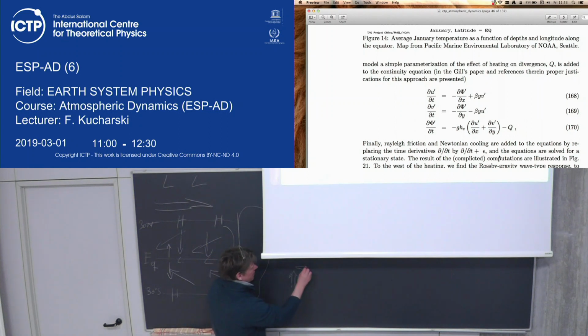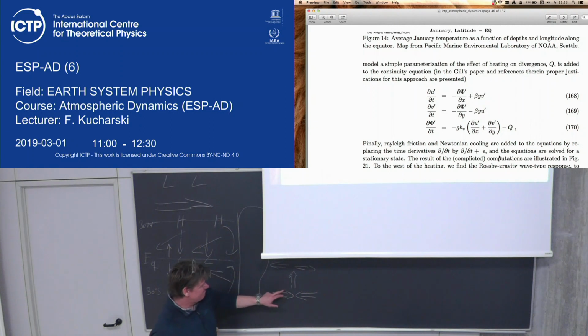And that will cause upper level divergence and low level convergence. But here we see already, in an El Niño event, we have both convergence and divergence.